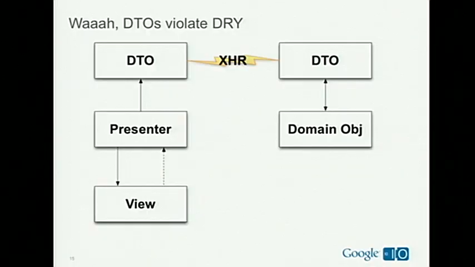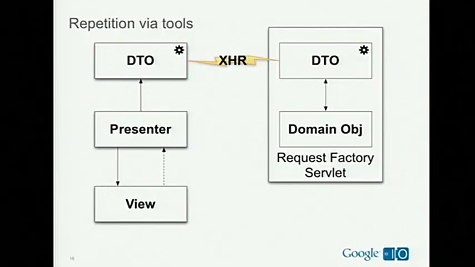Where possible, between Roo and GWT, we're trying to let the tools do the repetition for you. So where you are using a tool like Roo to actually define your domain objects, the guys who get to persist on the server side and who have validation logic and business logic and that kind of thing, we'll run a tool that finds very similar looking data objects, DTOs, extracts them out, makes sure they live in a form that can make it across the wire for XHR requests, and let you work on from there.